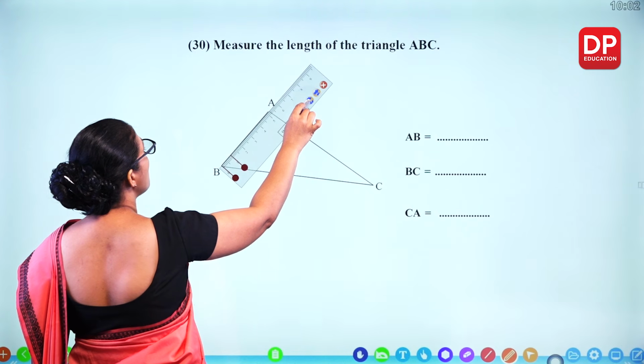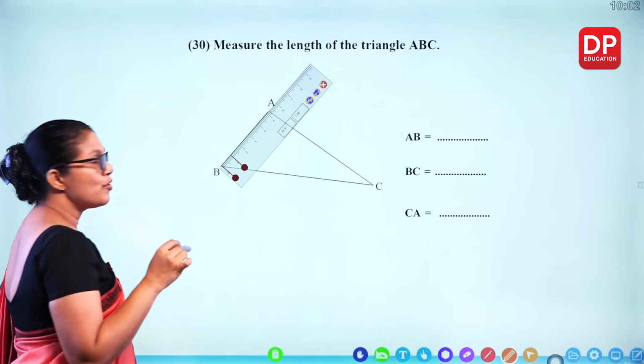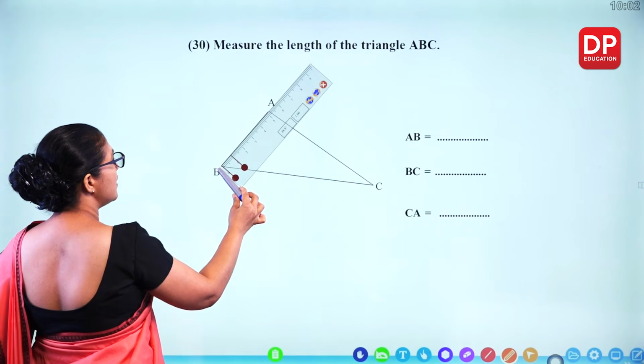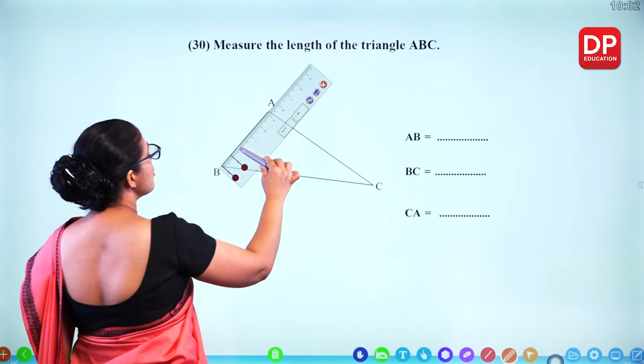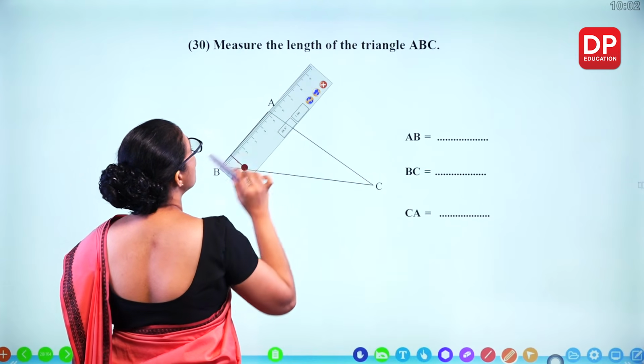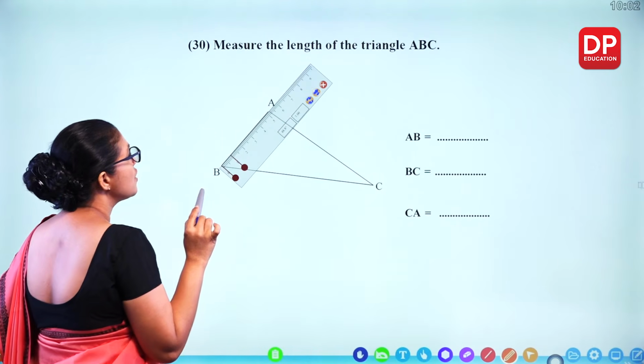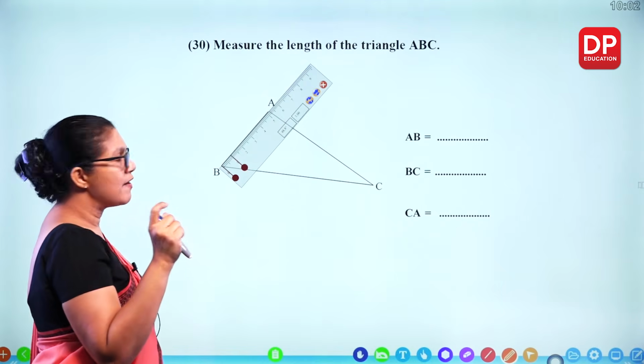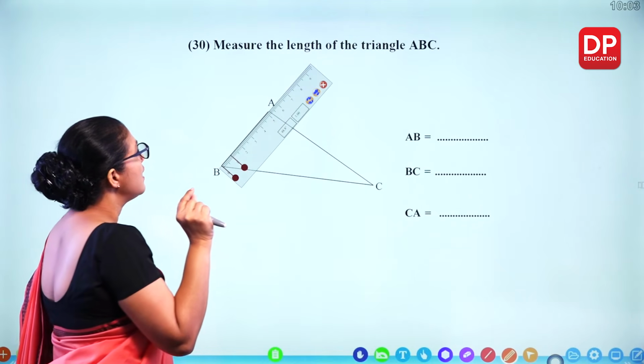Keep the ruler on top of AB line, and now you can measure from here to here. So I'm measuring in centimeters, 5.2. 5 big ones and 2 small lines are there.